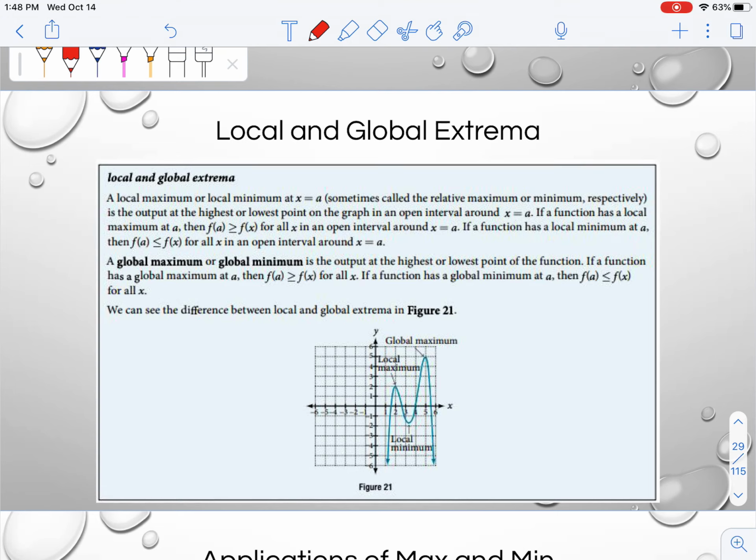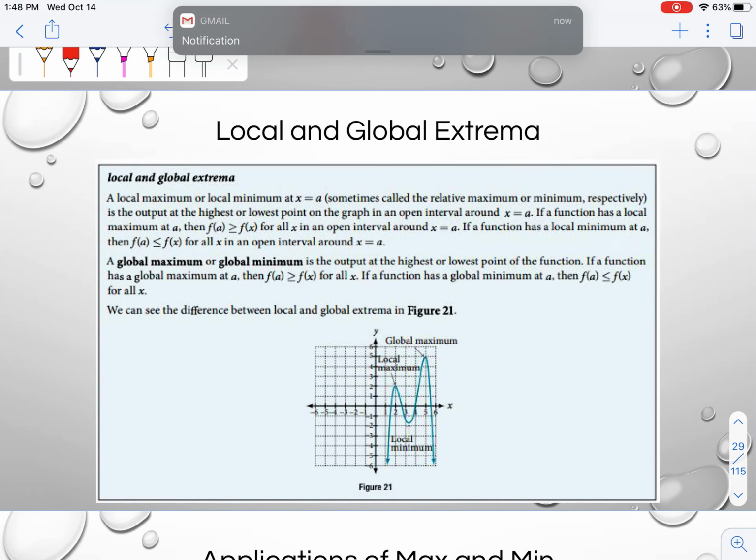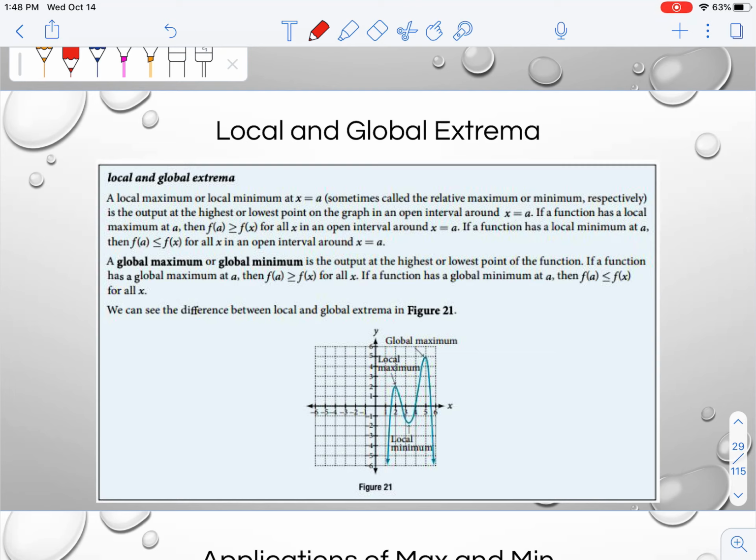Again, we're looking at a point where my function, for the local max and mins, has either the highest or lowest y value for the points that are generally close to it, that are surrounding it. A global or an absolute max or min then is when we have a point where it's the highest or the lowest point on the entire graph over the domain of all reals, if we're dealing with a polynomial function.